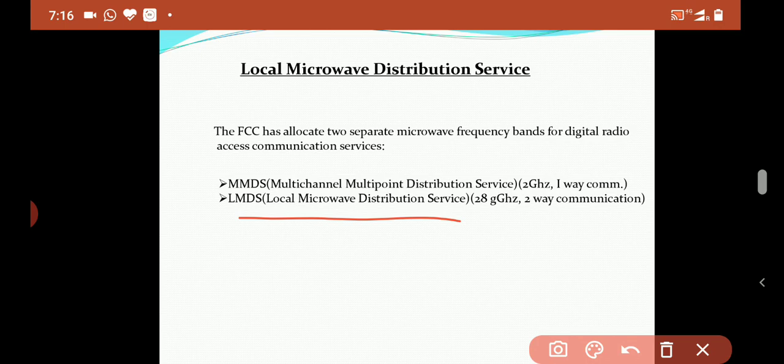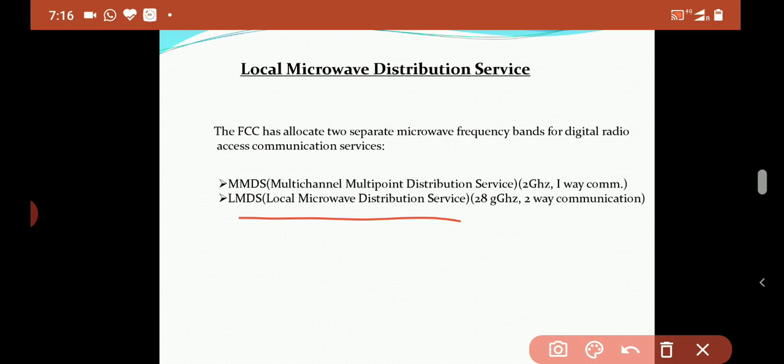Then there is potential interference from other services like satellite in the same band, the need for power on the local subscriber sites, and fade margin or dynamic power control on the order of 40 dB to overcome the most severe rainfall rate. So this is an important conclusion of this technology, local microwave distribution services.